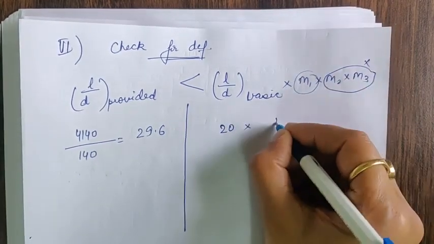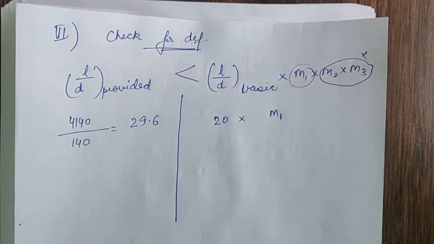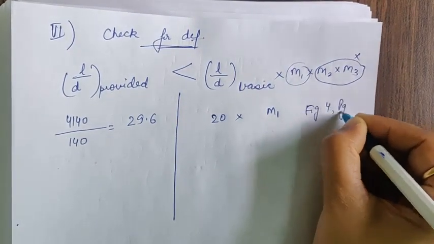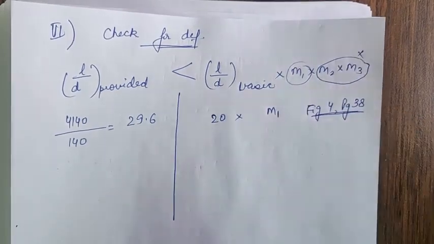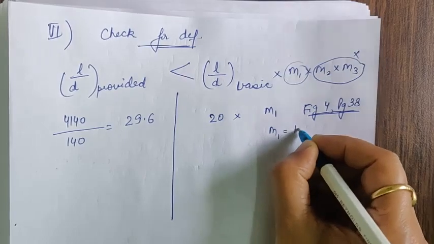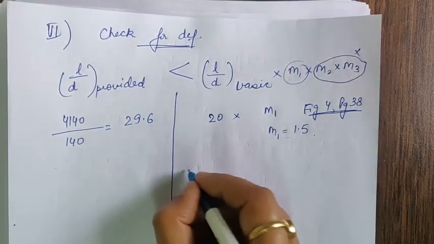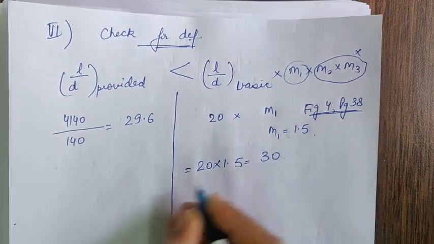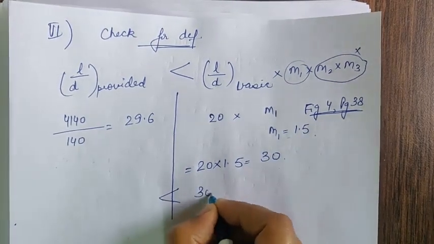I need to see modification factor M1. And this M1 we will get from figure 4, page 38 of IS 456. If we use this, the value of M1 is coming out to be 1.5. So this comes out to be 20 into 1.5, that is 30. So 29.6 is less than 30.